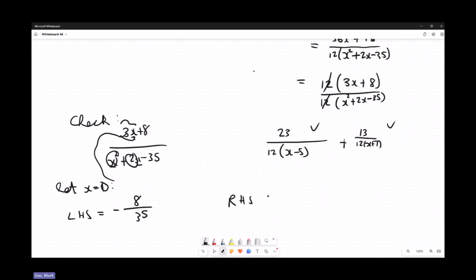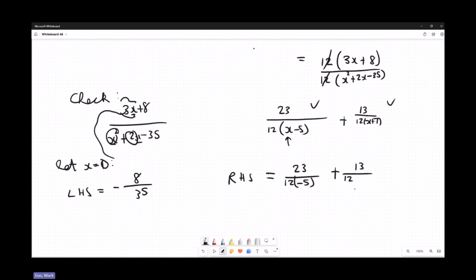Well, the right-hand side is equal to 23 over 12. We put x equal to 0 in here with minus 5, plus 13 over 12. So you see, I don't put the left-hand side equal to the right-hand side immediately. I'm trying to verify the equality by just substituting some value of x that will make that thing defined.